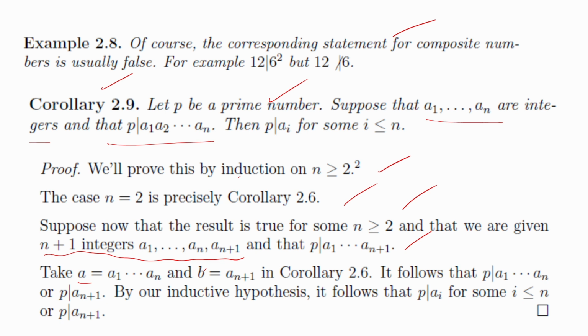Take a equal to a1 to an and b equal to an plus 1 in the corollary. It follows that p divides a1, a2 and so on, an, or p divides an plus 1. Therefore, by the inductive hypothesis it follows that p divides ai for some i less than or equal to n, or p divides an plus 1.